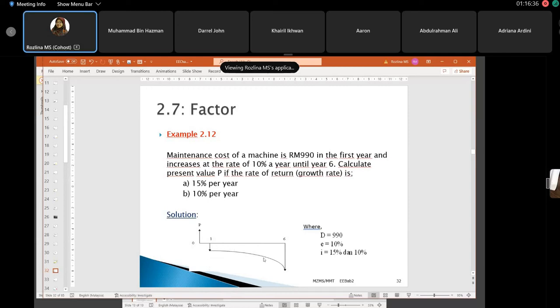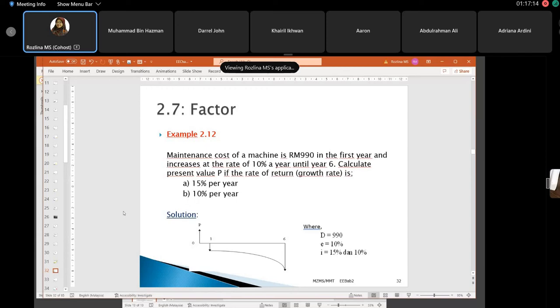And then the exponential curve. So the statement they give is D 990 ringgit, E is 10%. E is this 10% a year, and then I is 15%. Okay, this is the case study. So this question wants you to solve it using the I of 15% and the E of 10%.